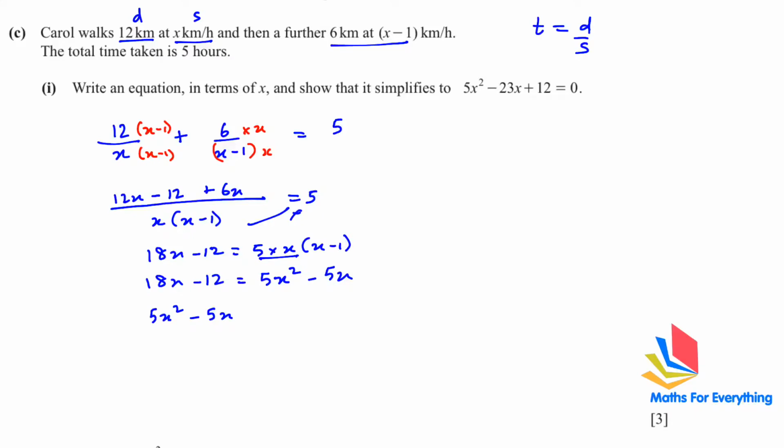The plus 18x will be negative 18x, and the negative 12 will be positive 12. 5x squared, negative 5x and negative 18x will give us negative 23x plus 12 is equal to 0. So we have finished showing that it simplifies to what they want us to show.